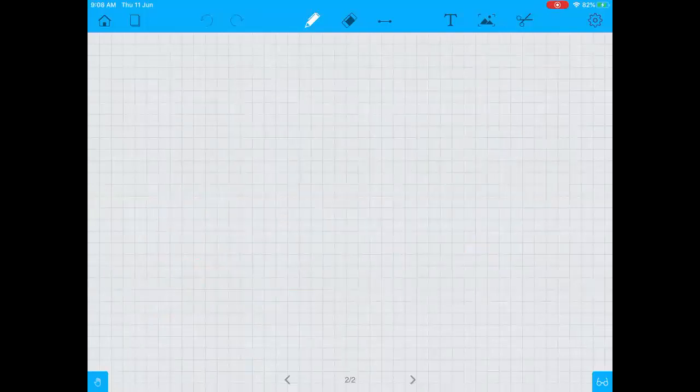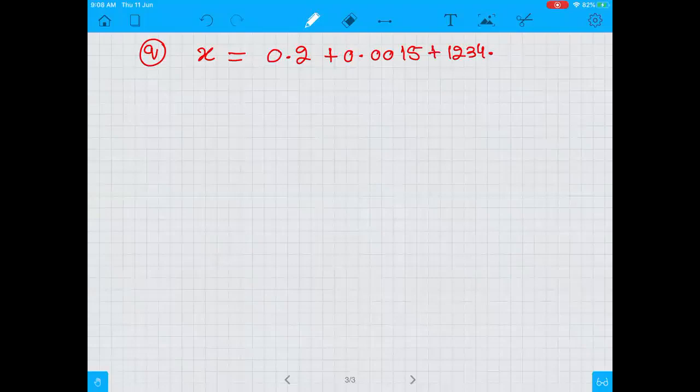So, just for example, if someone asks you to calculate x, where x is equal to 0.2 plus 0.0015 plus 1234.22, you can find the answer from a calculator.